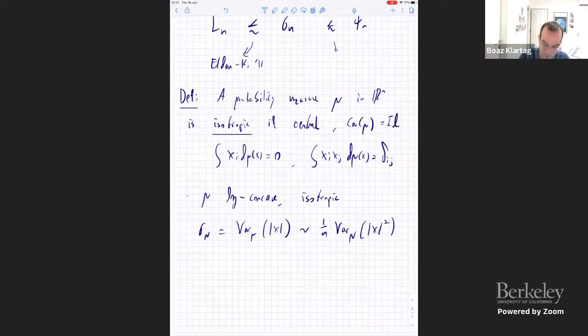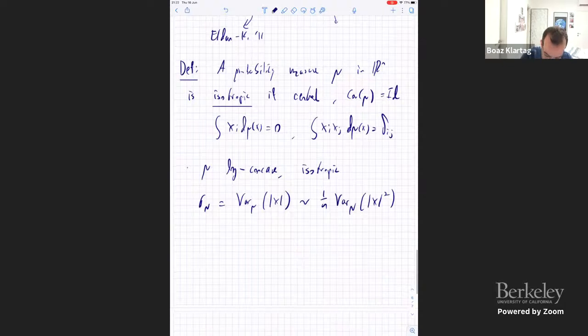So what is the meaning of this quantity? Let's try to draw a picture. Maybe this is the axis, and mu is some measure here. Since it is isotropic, the expectation of |x| squared is exactly n. So basically the Euclidean norm of x is typically around root of n. That's the scale in which this distribution lives.